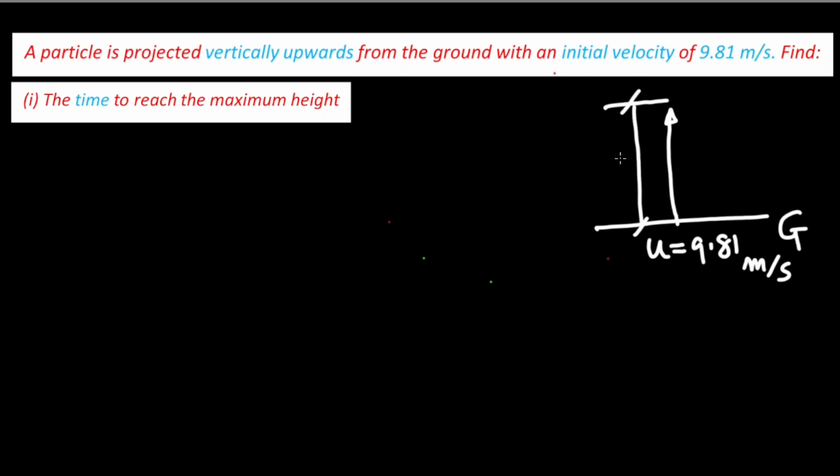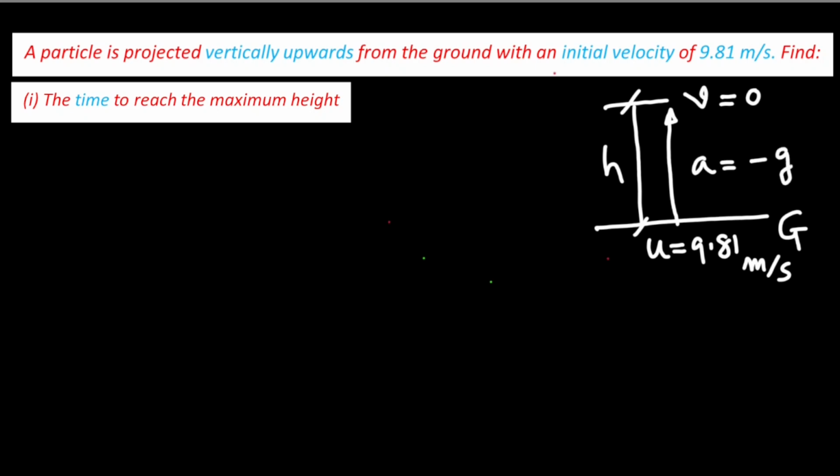the maximum height h. At maximum height, the final velocity v will be 0, and since the motion of the particle is in upward direction, acceleration will be minus g.